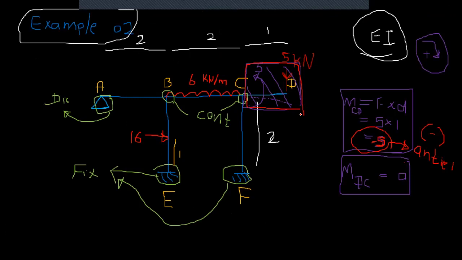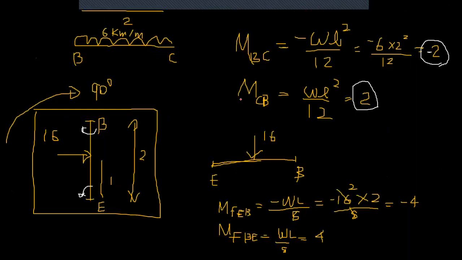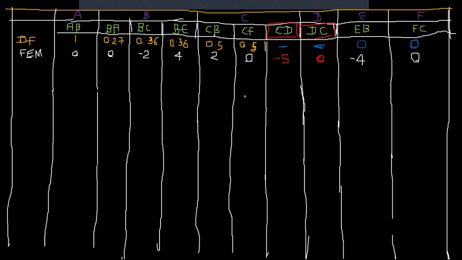If you have a cantilever like this with a distributed load, the total load is WL. If you take this length as L, the moment is WL into L by 2, WL squared over 2, right? If you have a point load, it's W into the distance L. That's a hogging moment, at the left hand side, so that's why it is anti-clockwise.